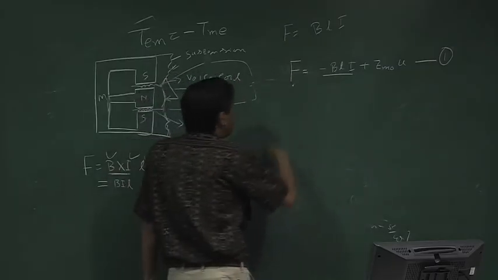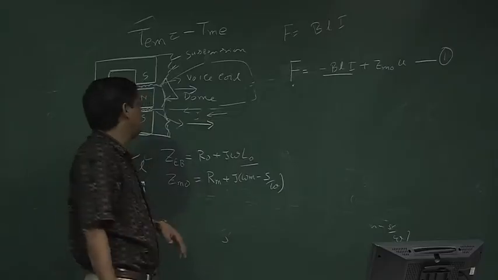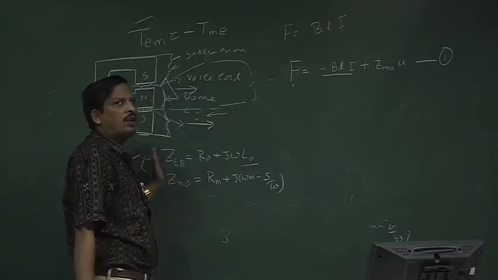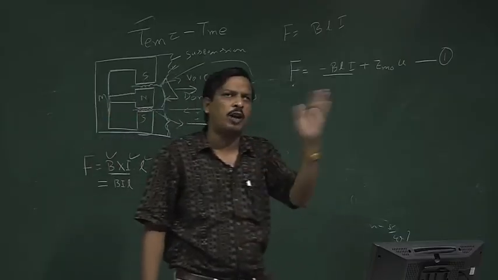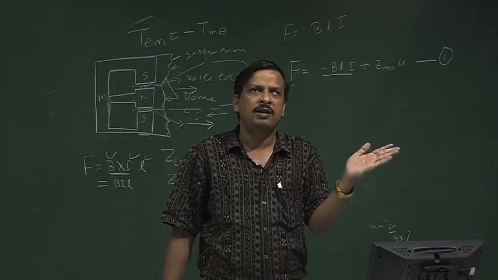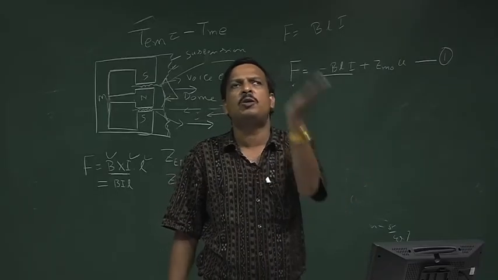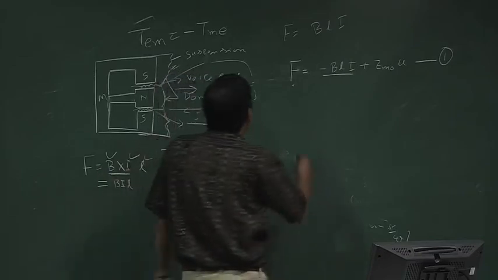Now, I want to derive the reverse. Reverse means I apply a force on the diaphragm, the motion will be there, and the coil will be moved. If the coil moves in a magnetic field, then a voltage will be induced on the coil. So, what voltage will be induced?